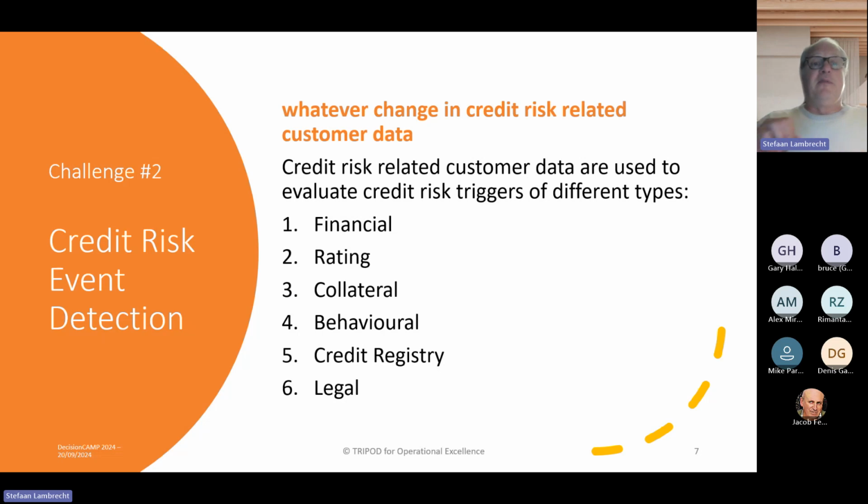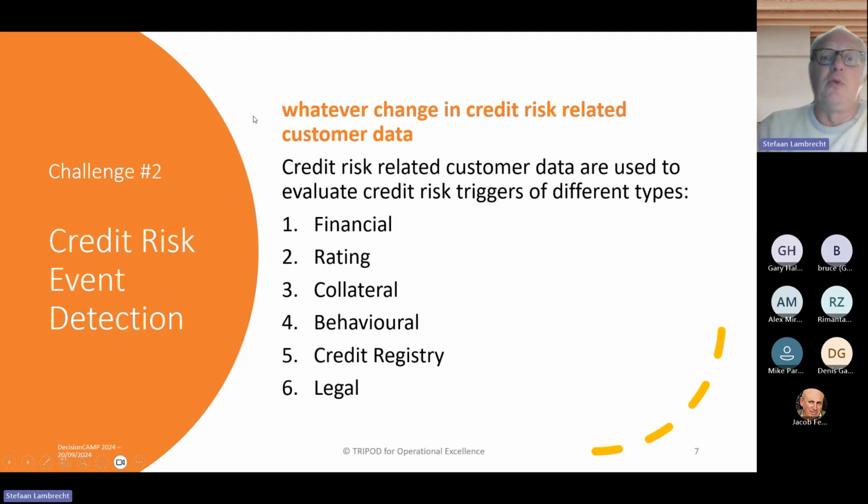Now, if we look at the first part of this model, the first thing that needs to happen is that credit risk events are detected. That needs to be done in a very consistent and industrialized way. So, what is a credit risk event?